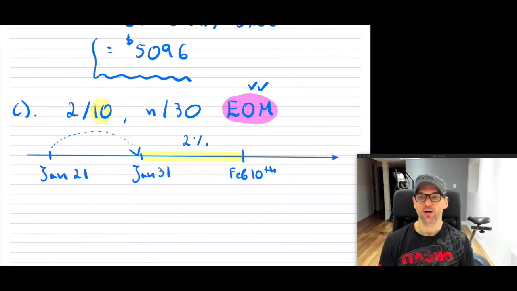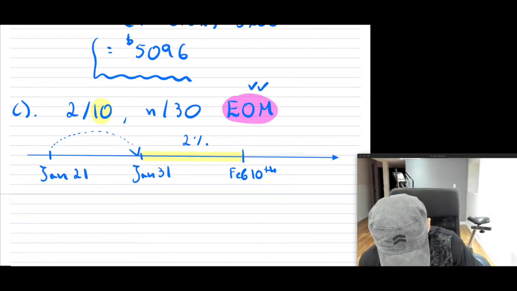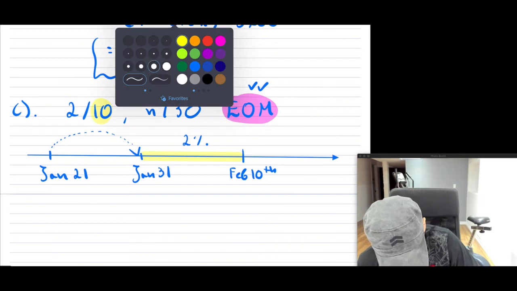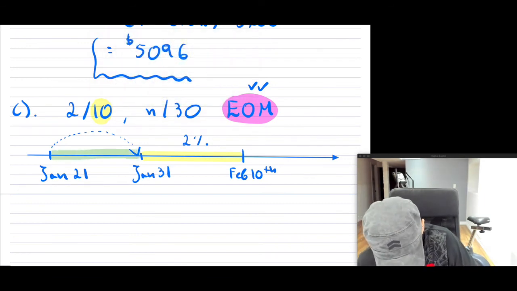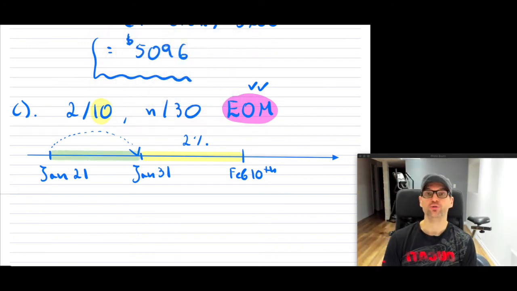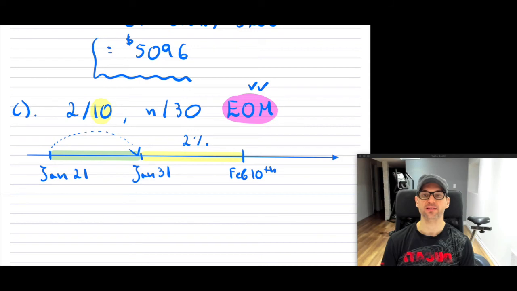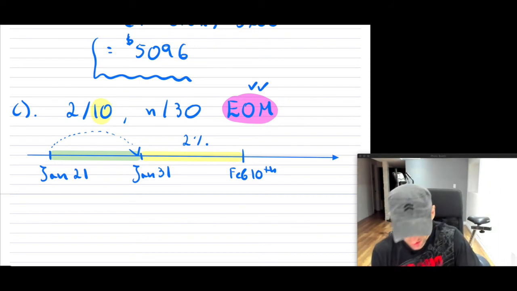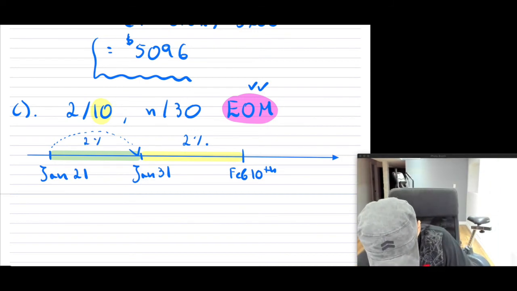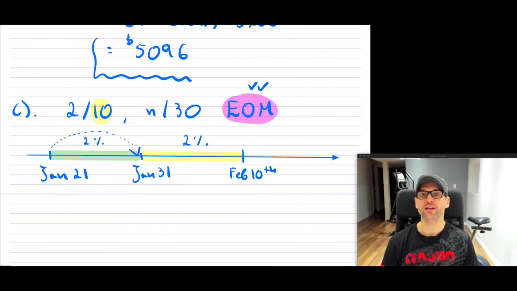Now you say, what if I still paid somewhere within here? Then you still get your 2% off. This is like an extra few days that the company has given you to take advantage. So here you still get 2% off, but your period in terms of counting the 10 days starts from the end of the month.